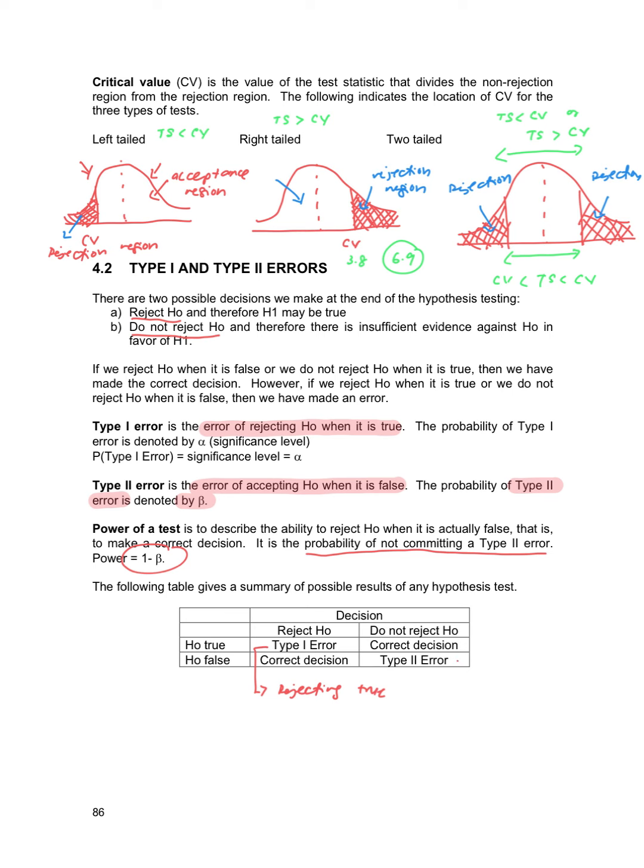Untuk type 2 error pula, accepting false, kita accept benda yang salah. Tu cara saya nak ingat lah. So ingat ya, type 1 error is the error of rejecting H0 when it is true. Type 2 error pula accepting H0 when it is false. Kita accept benda yang salah.